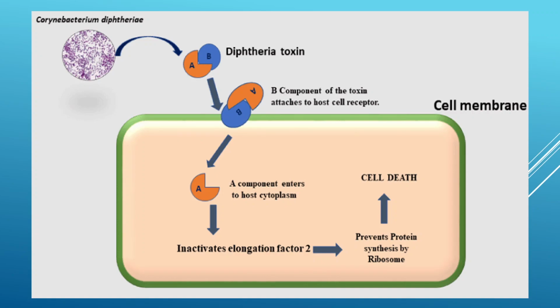On this slide you can see the mechanism of action of diphtheria toxin: subunit A, the active subunit, and subunit B, the binding subunit. The B component of the toxin attaches to host cell receptors and makes possible subunit A's entry into the host cells.